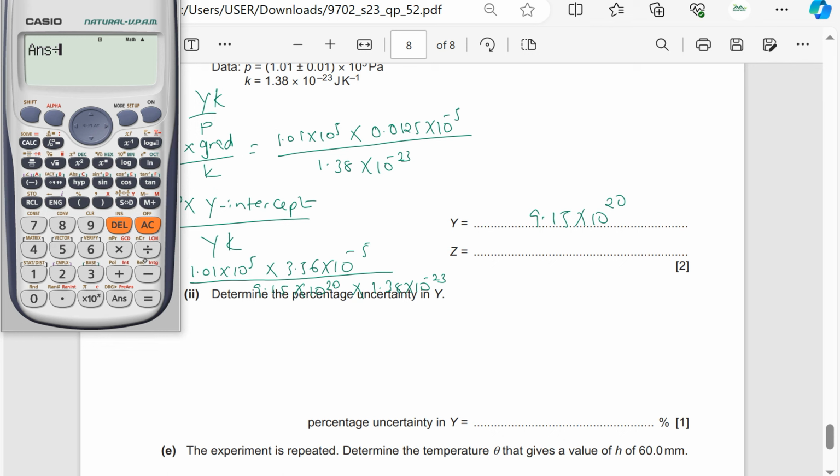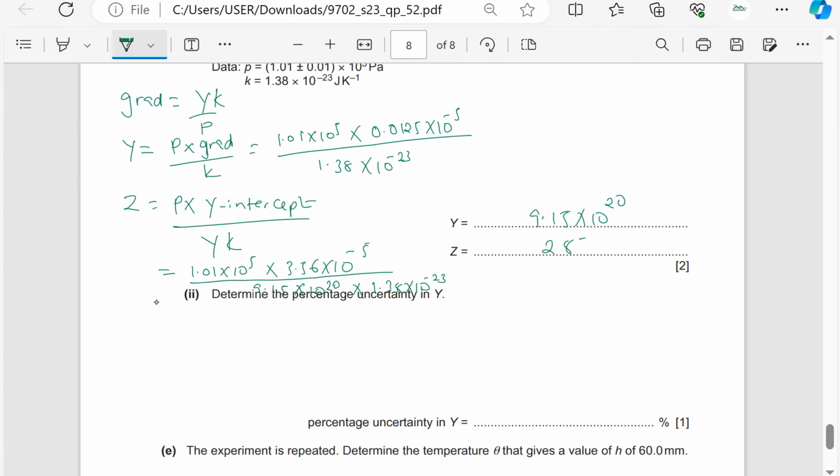Divide by, I can open two brackets, 9.15 exponent 20, and again by 1.38 exponent minus 23. Then close the outer bracket. So this is giving me 284, or approximately 285. Okay.